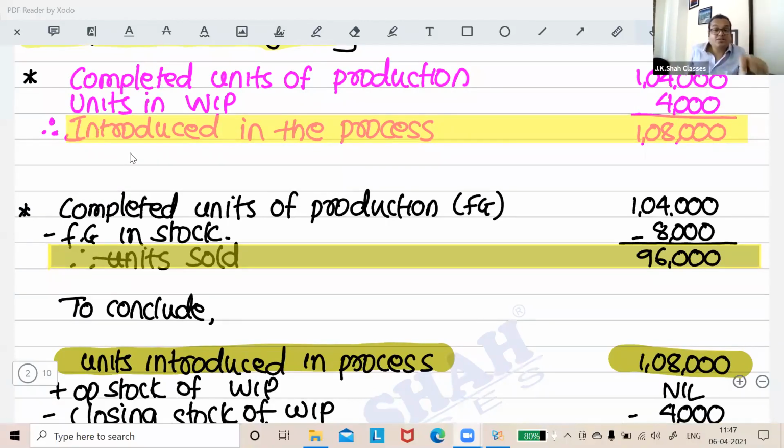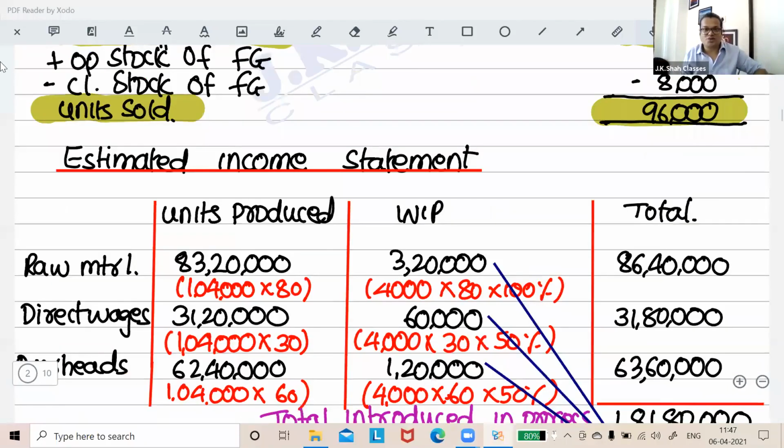We are expecting that there'll be 8,000 units in the finished goods stock. Finished goods stock means only unsold. So out of 1,04,000, 8,000 are going to remain unsold. So units sold would be how much? 96,000. You agree?